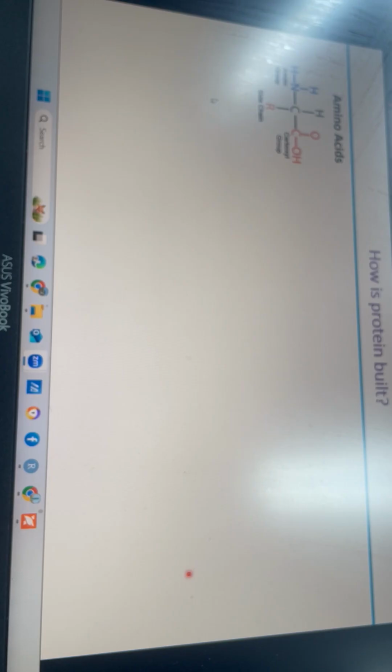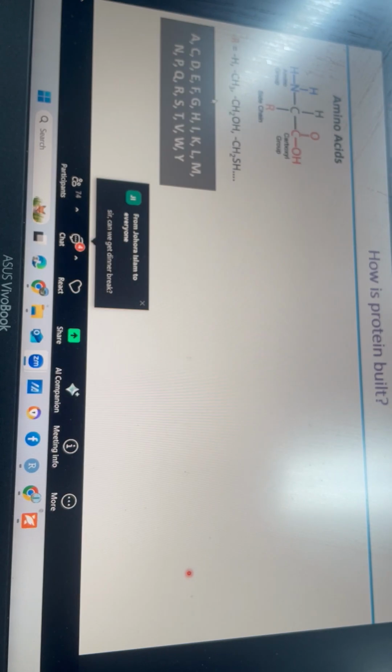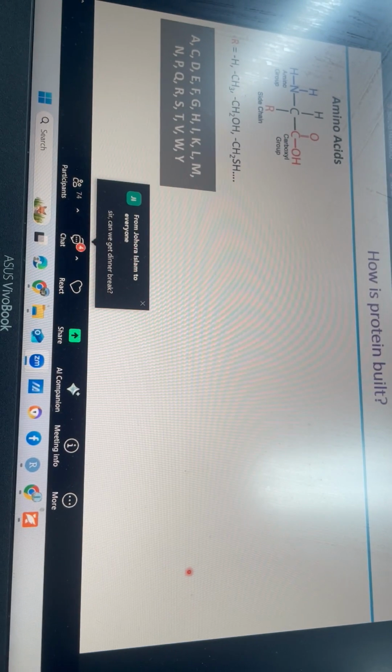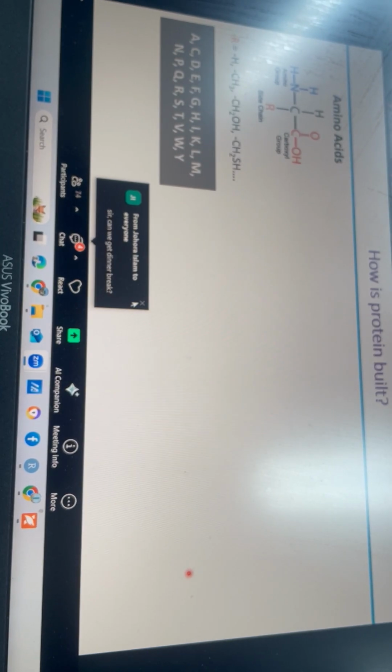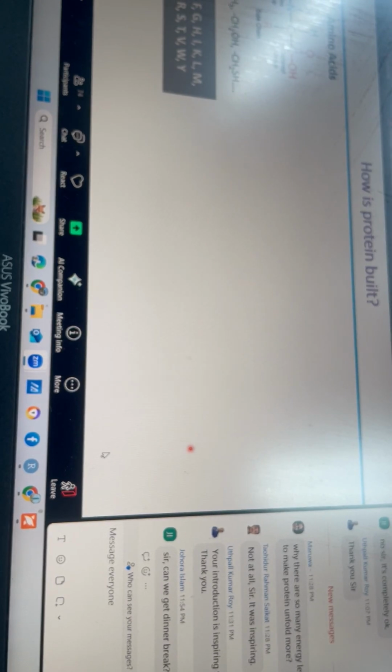So to know the protein, we need to know the amino acids. I think we already provided you an assignment, a pre-assignment, that you need to know all the amino acids, because this is the heart of proteomics. Okay. So in the amino acid, you have a carboxylic group, an amino group, and then you have a side chain. This side chain actually changes and gives you a new alphabet: A for alanine, C for cysteine, D for aspartic acid, E for glutamic acid, F for phenylalanine.